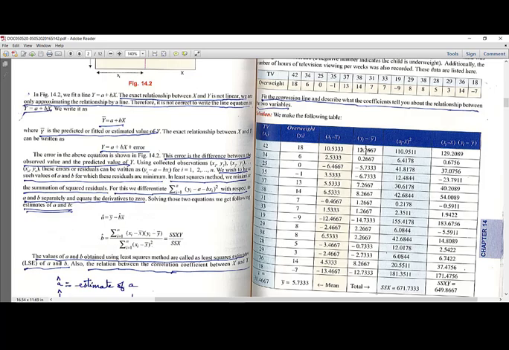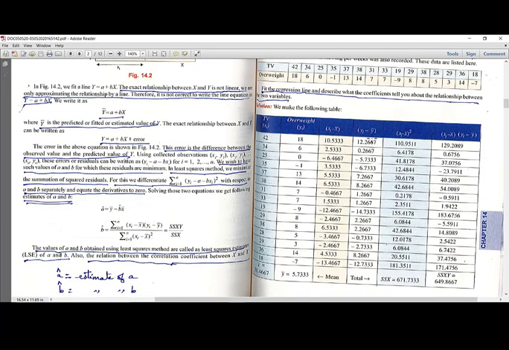And similarly we have done yi minus y bar. That is how it is done: 18 is the value of y1 here, minus 5.7333, that is 12.2667. Then 6 minus 5.7333, that is 0.2667. This way we have calculated, and the yi minus y bar values are put in this column.